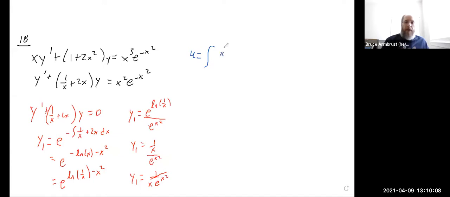So we're going to have x squared e to the minus x squared, and we're going to divide that by y1. It's always the f of x divided by the y1.